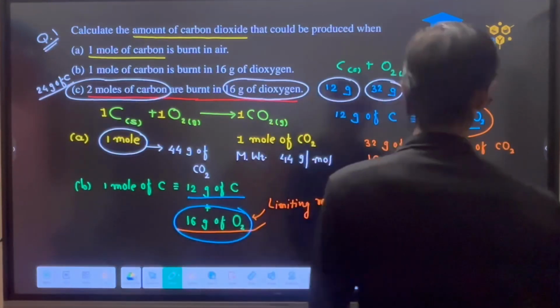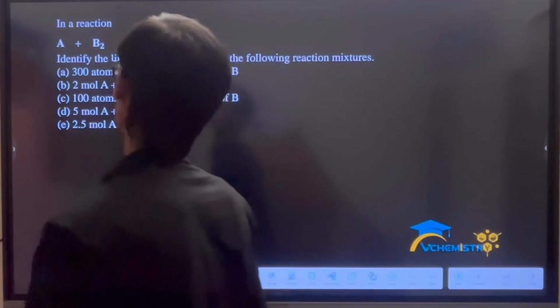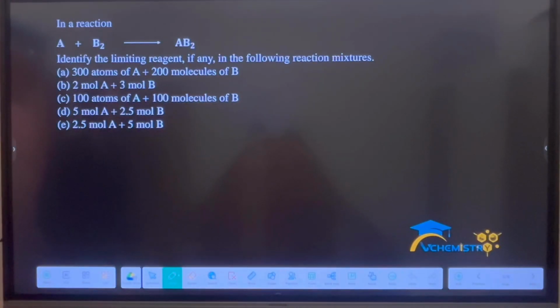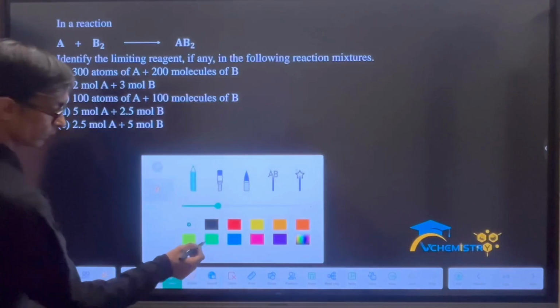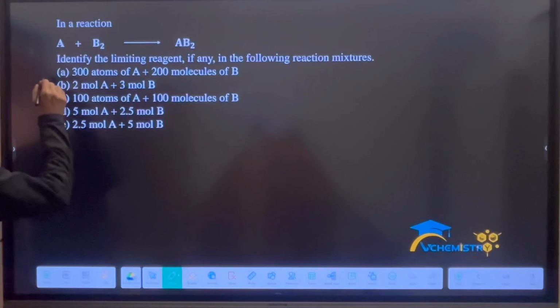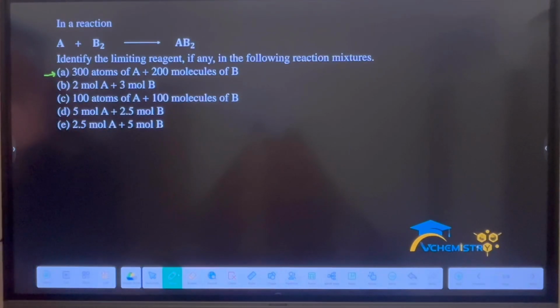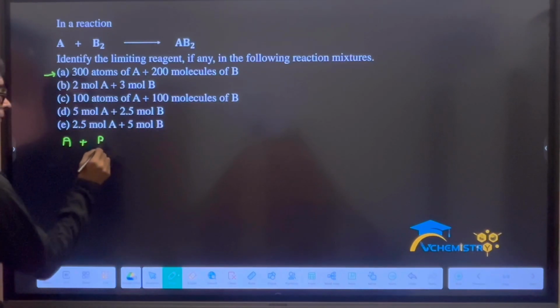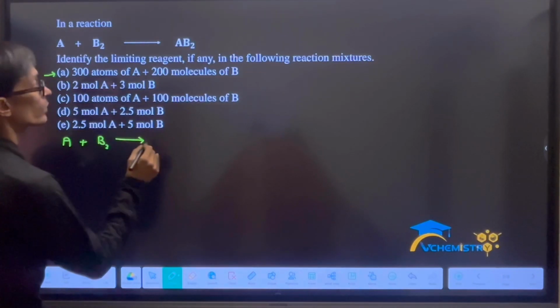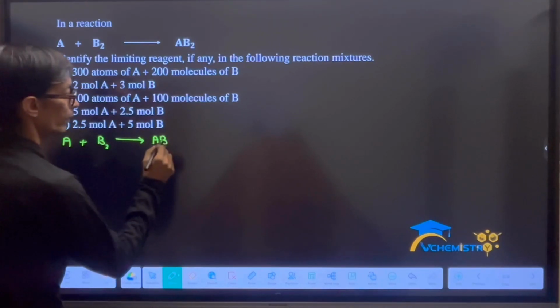Now the second question. See here, A plus B2 gives AB2. Identify the limiting reagent, if any, in the following reaction mixtures. See, first of all, this one is our first question: 300 atoms of A and 200 molecules of B. Once again I am telling you, A plus B2 gives AB2.